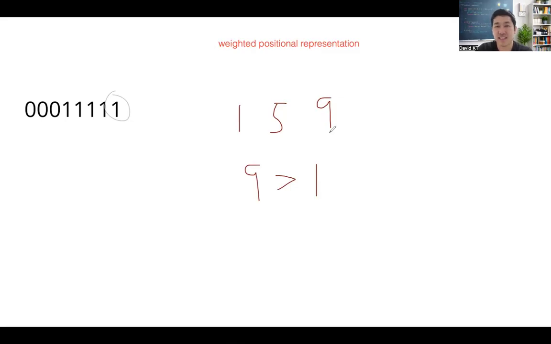But in this case, no. This 9 is just a 9. This 1 represents 100, so this 1 is greater than this 9 because it's actually a 100. Similarly, this 1 represents a greater value than this 1. This one just represents 1. This one represents a 2.